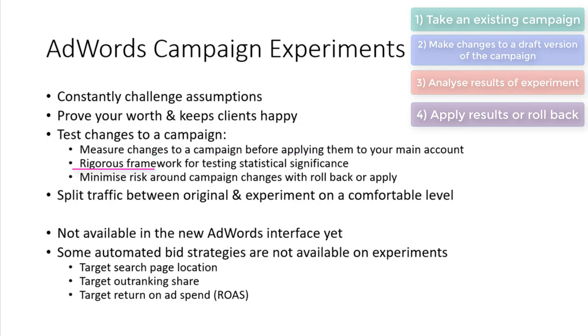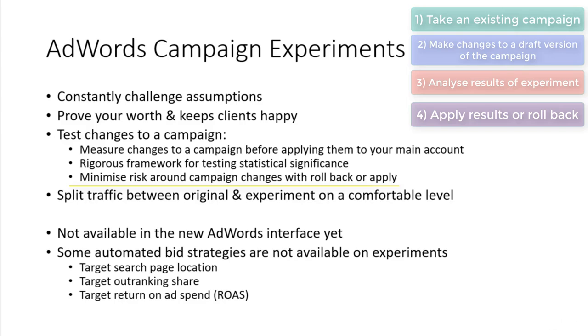What's good is that you've got a rigorous framework here for testing. Not only are you testing your changes, but you're also testing with statistical significance. So you're not seeing if the changes you're making are actually going to make a small change to the account, but you can see if they're statistically significant. So if it is going to make a big difference. And probably the best part about this is the ability to minimize risk.